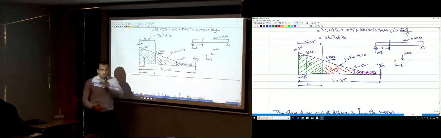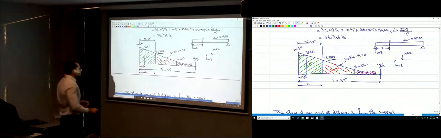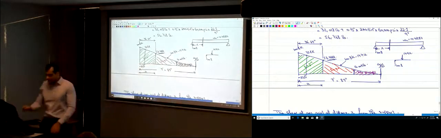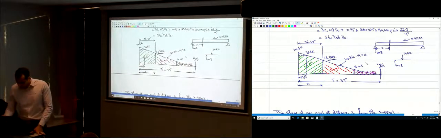Again, the same equation. Okay? Put the shear equal to 16.009 K, not pounds, kilos, in that equation.